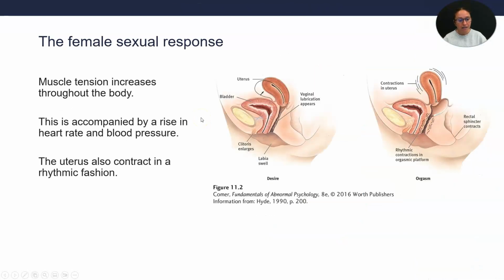Again, we have changes in physiology as a consequence of this. It's all designed for the sperm and the egg to get together and actually create another human being.